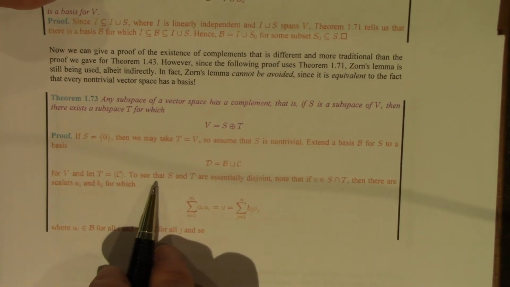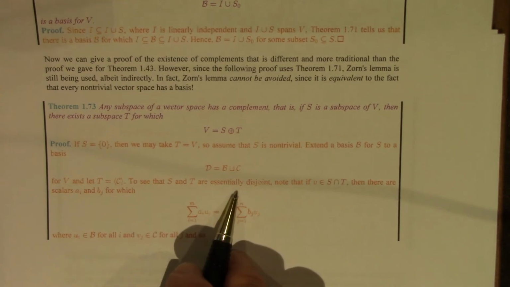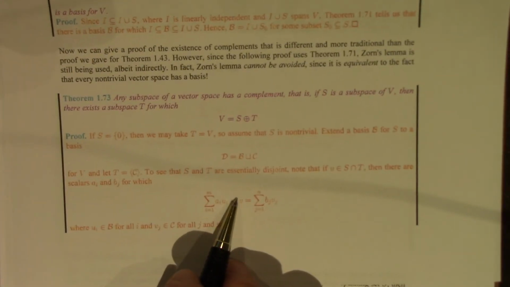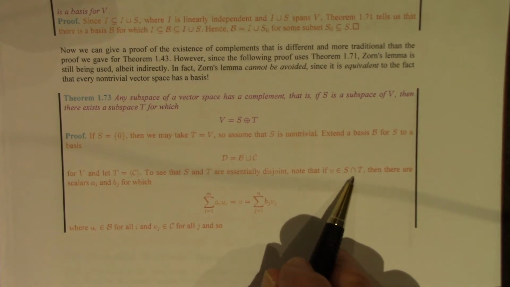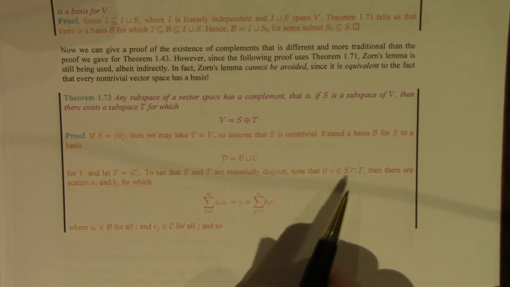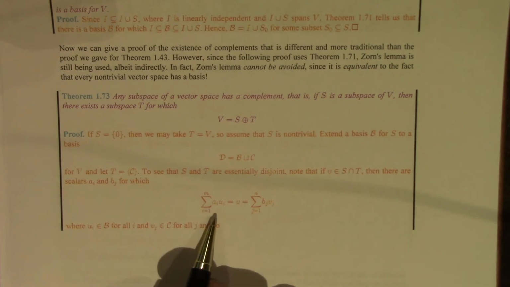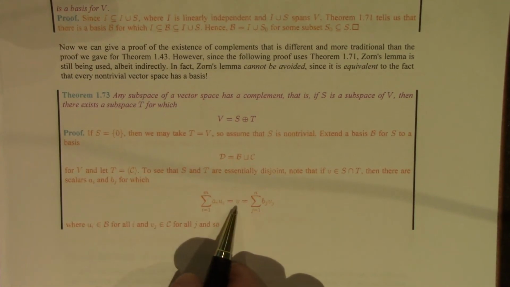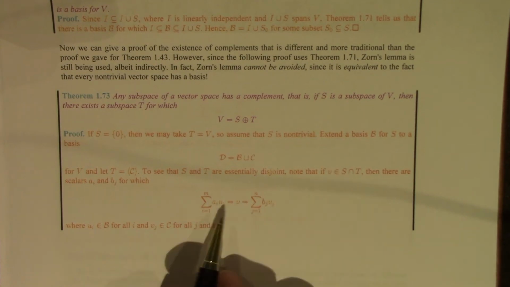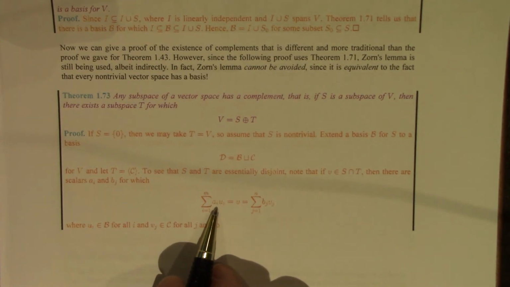So the first thing we want to show is that S and T are essentially disjoint. Well, if we take a vector v in the intersection, then there are scalars, the a's and the b's. Because v is in S, it's a linear combination of the u's.